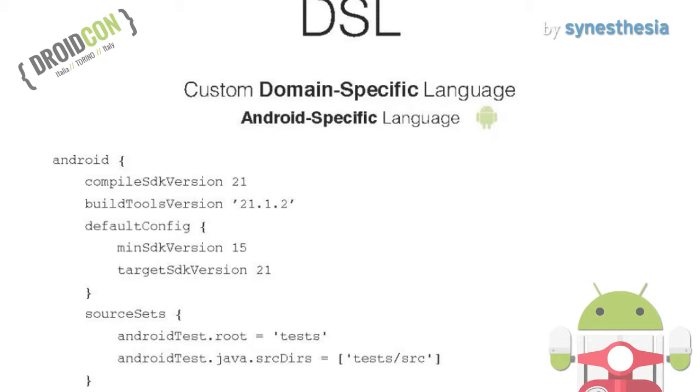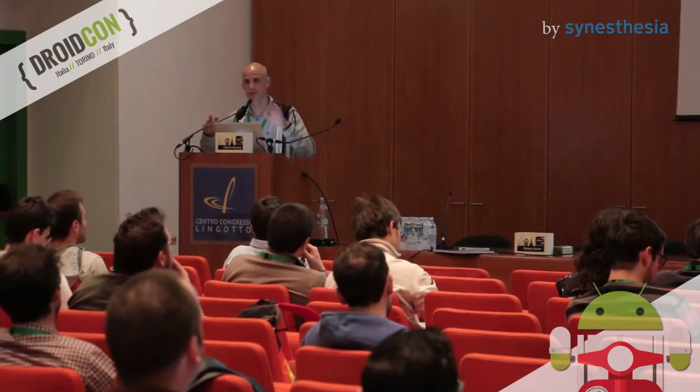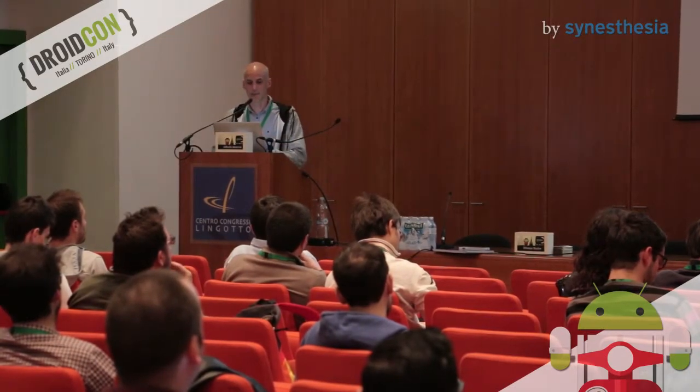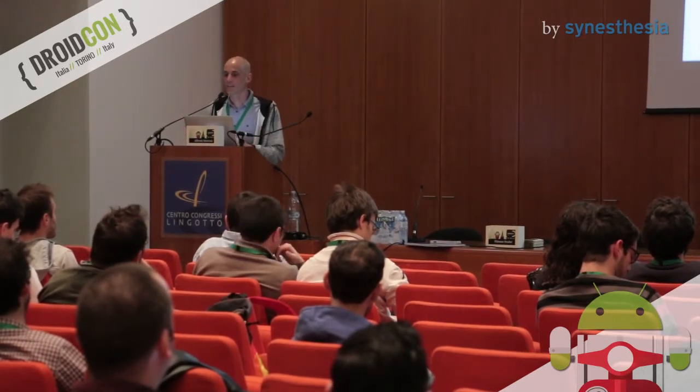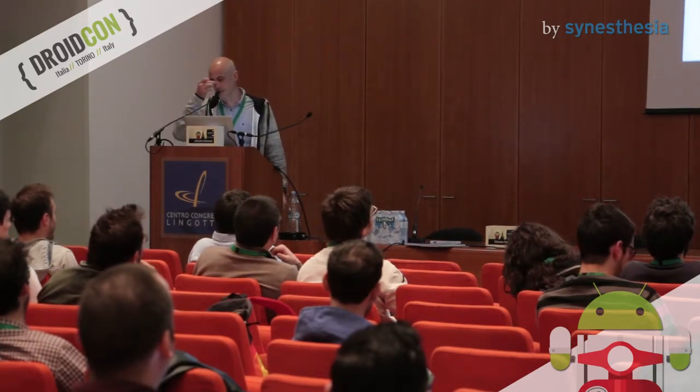It's specific to Android. You don't have to worry about these generic concepts of what is a task, whatever. You say, I want to do something with Android, and you get all the properties available in the context of Android. And it becomes really easy to configure your Android project, as described here, for example, in a very, very simple way.